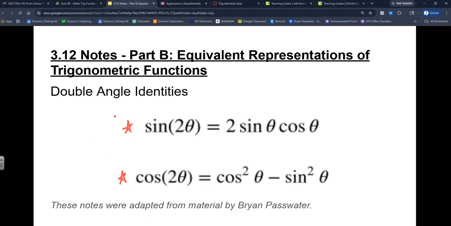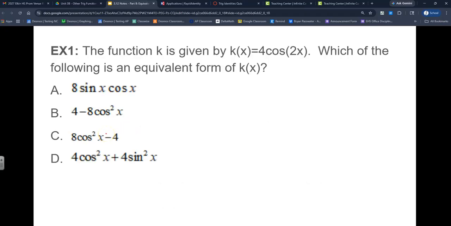Okay, let's look at what types of questions you might be asked on the test for these things. So, the function k is given by k of x equals 4 cosine of 2x. Which of the following is an equivalent form of k of x?